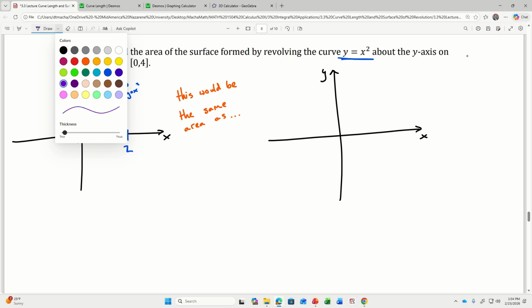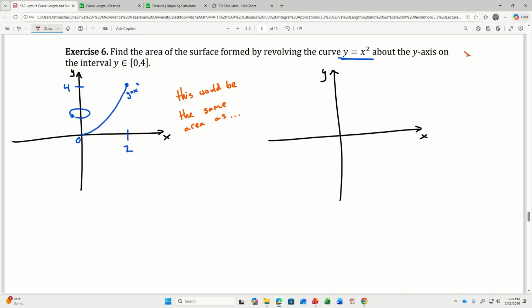Switch the y to an x and the x to a y. And then switch rotating about the y-axis to rotating about the x-axis on the interval from 0 to 4.